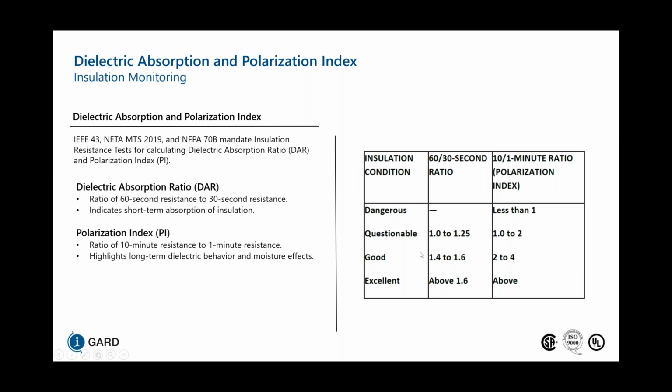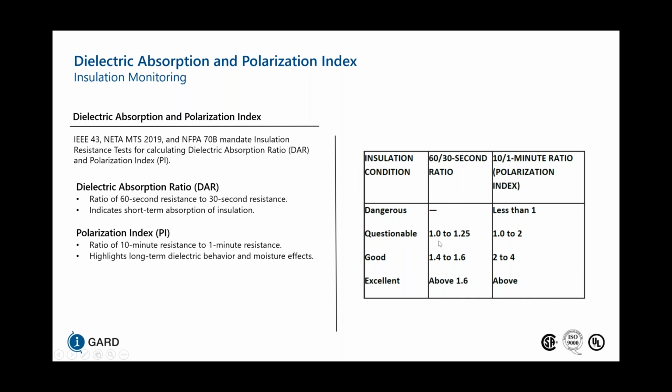So you can see on the table on the right here that we have insulation conditions as our first column, our DAR in our second column, and our polarization index in our third column. What's considered dangerous is a value below 1 when it comes to the DAR ratio. For the polarization index, it's also the same, anything less than 1.